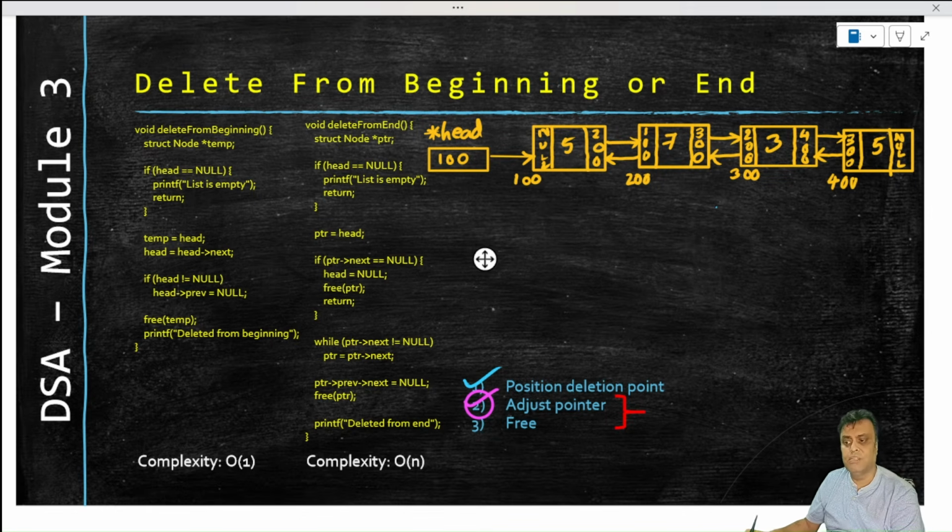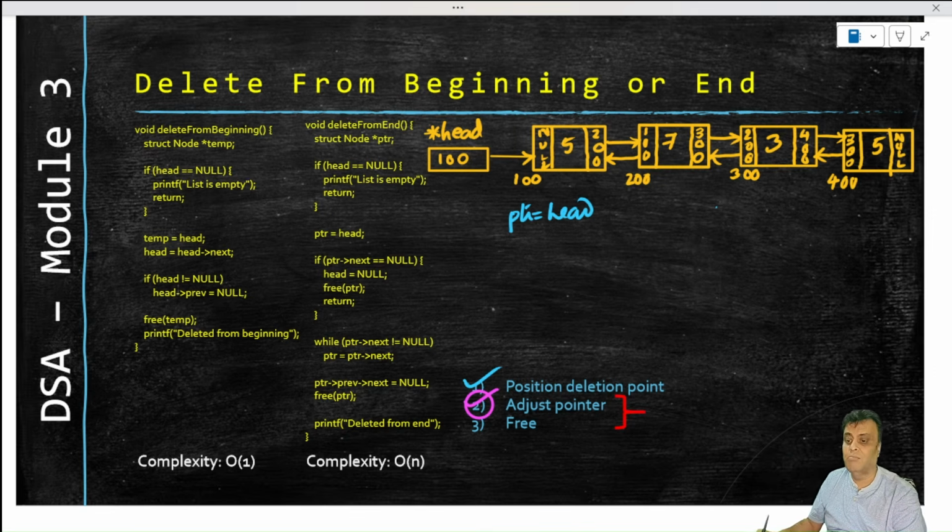So we will do the first step first. We will say that the list is not empty. Then, if the list is not empty, what do we need to do? We need to traverse to the end. How do we traverse to the end? We will take a simple pointer variable and say that pointer is equal to head. Remember, I told you that traversal means you have to use head and move it next, and you don't do it with head, you do it with another variable.